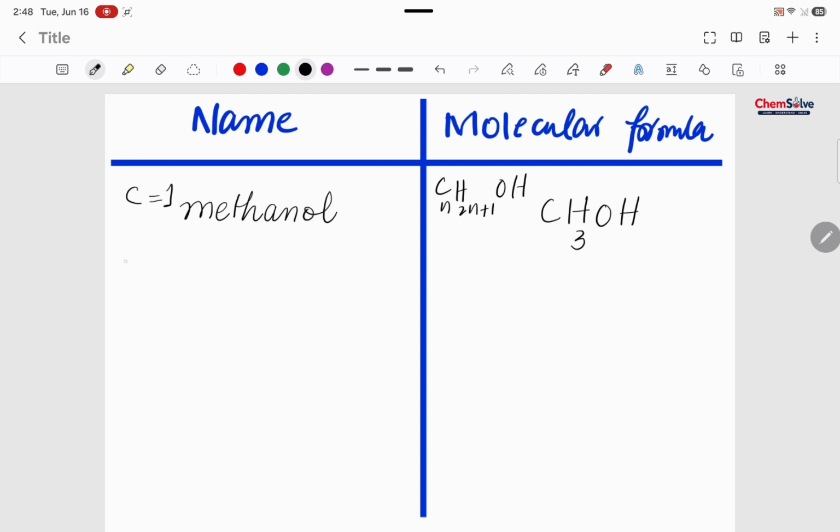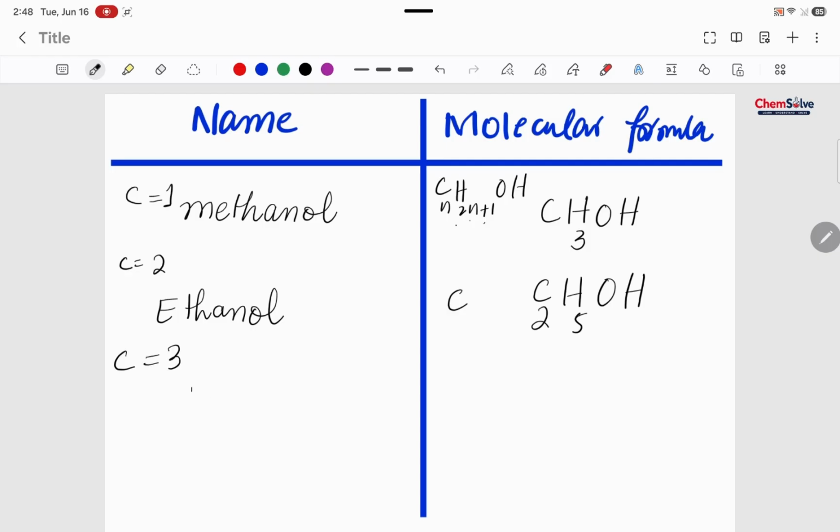Now if carbon number is 2, so that would be ethane, right? But we will eliminate this E and instead we will add ol, ethanol. Now carbon number is 2, hydrogen is 2 into 2 is 4 plus 1, 5 and OH.